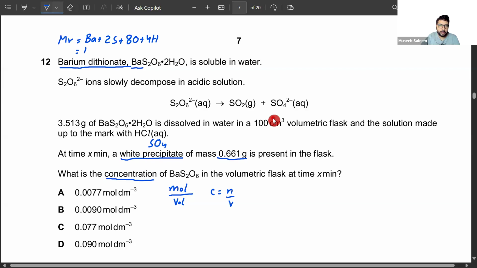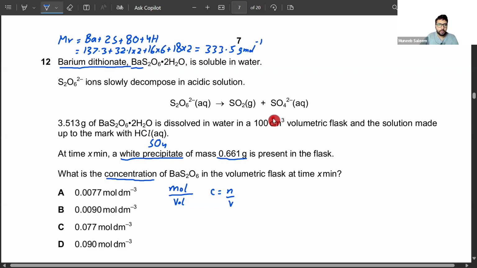So the value is something like this: 137.3 plus 32.1 times 2. I'm just going to add O6 after this, 16 times 6, plus, for water, 18 times 2. The answer will be equal to 333.5 gram per mole. So this is the Mr value of this compound.